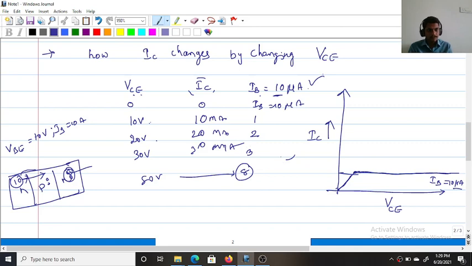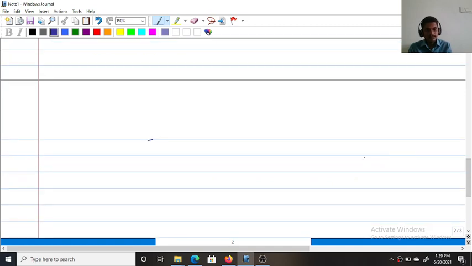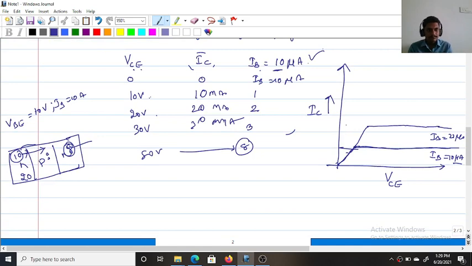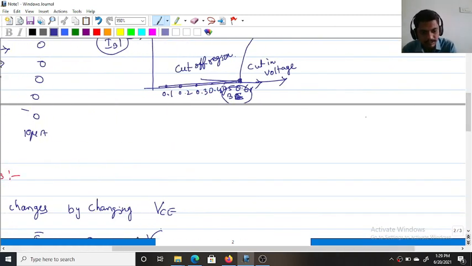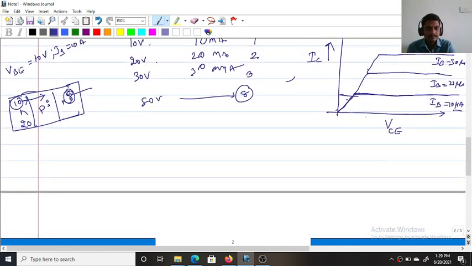But you can increase this IC by changing IB only. For example, if you provide 20 microamperes of base current, then IC reaches a new saturation value. In the same way, when IB increases again, IC also increases.